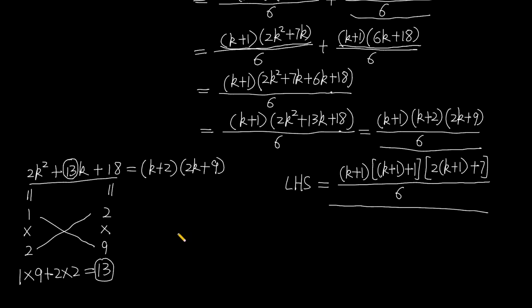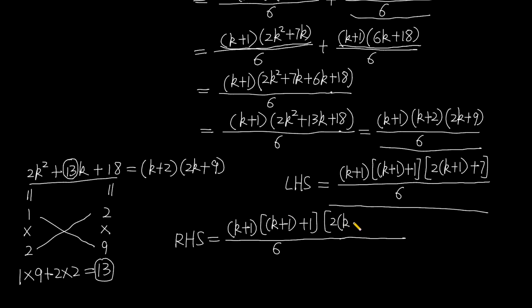Then the right-hand side: just use k + 1 to replace n. So this is (k + 1)(k + 1 + 1)(2(k + 1) + 7) over 6. The left-hand side equals the right-hand side. So for n equals k plus 1, the left-hand side still equals the right-hand side.